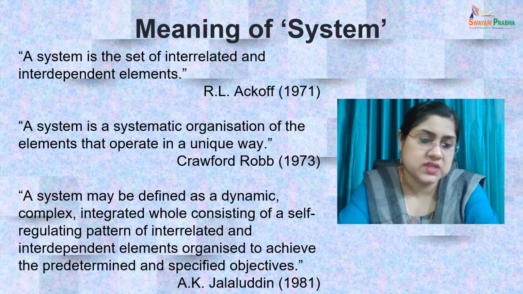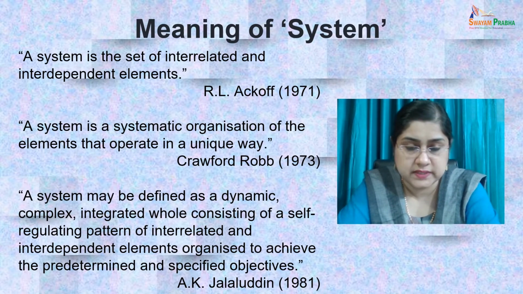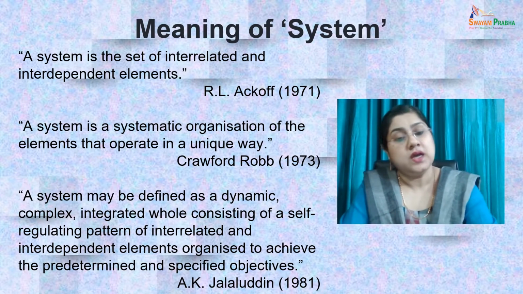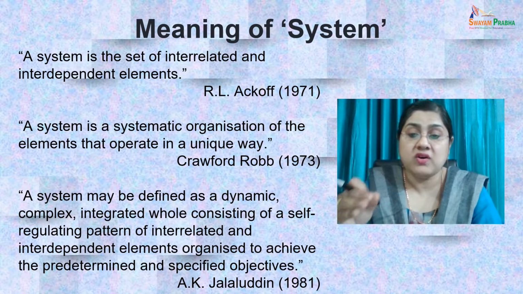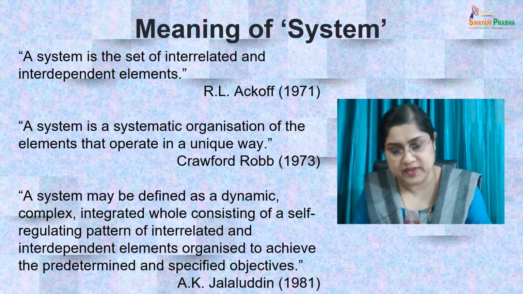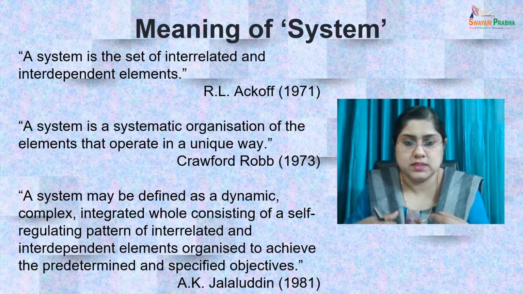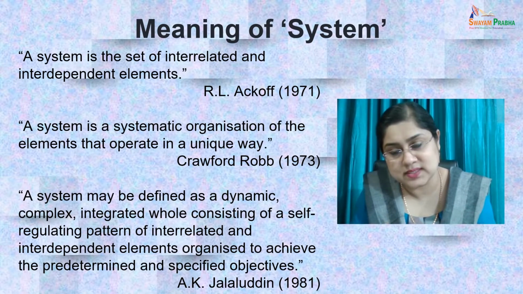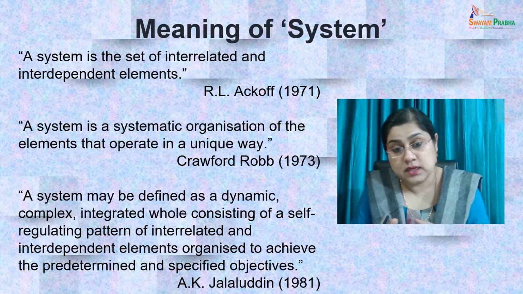The second definition is given by Robb in the year 1973. According to him, a system is a systematic organization of the elements that operate in a unique way. So you can see that here also the systematic organization is being talked about, and what exactly this systematic organization is going to do.